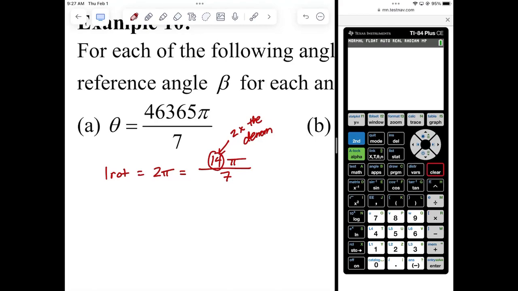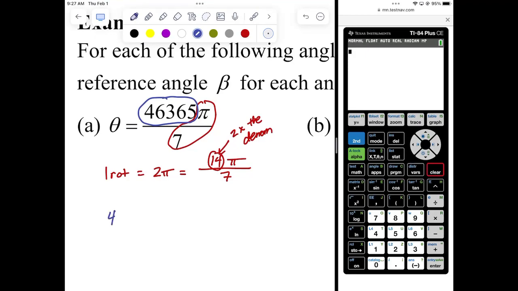So here's how I want you to do these problems. I know that I have a certain number of pi sevenths, and I want to know how many full rotations that is. So I'm going to work with the coefficient. There's 46,365 of those pi sevenths. So I'm going to come over here and take 46,365, and I'm going to divide by not 360, but the number of pi sevenths in one rotation, which is what? 14.